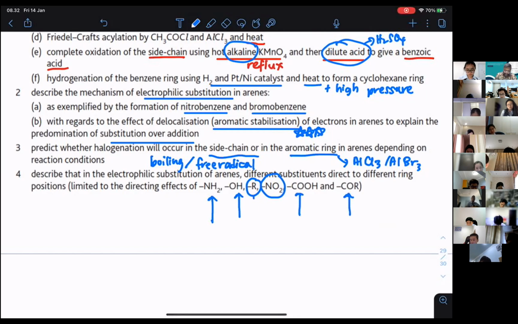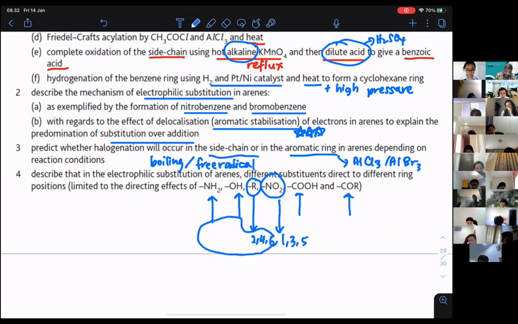So this one is going to be position 2,4,6. This one is going to be position 1,3,5. All of these are position 2,4,6. All the others are position 1,3,5, electron withdrawing.